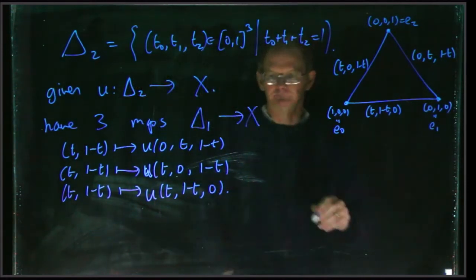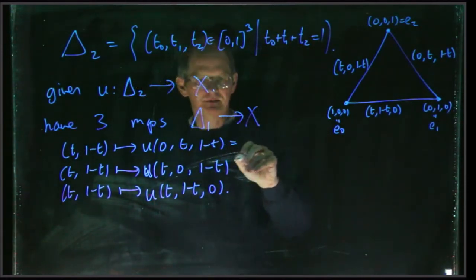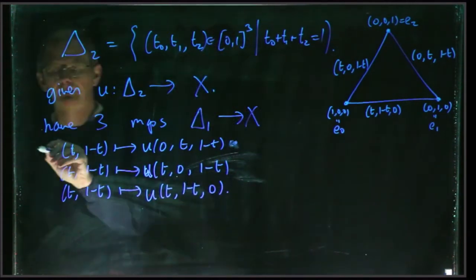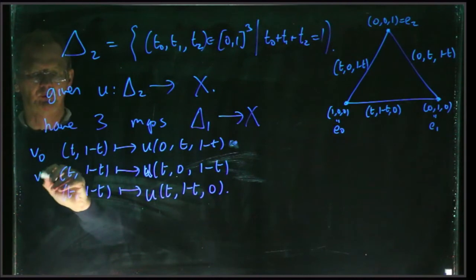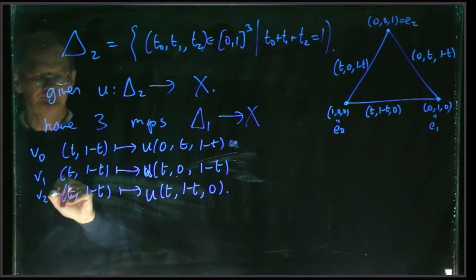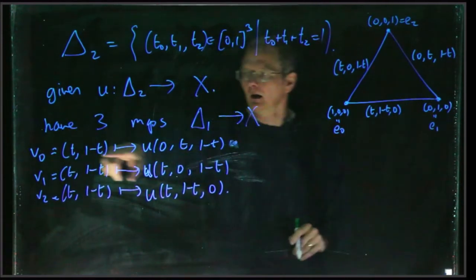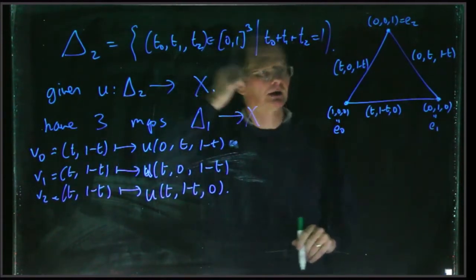Okay, so we could call these v0, v1, v2, if you like. And this is just the way the indexing works, right?